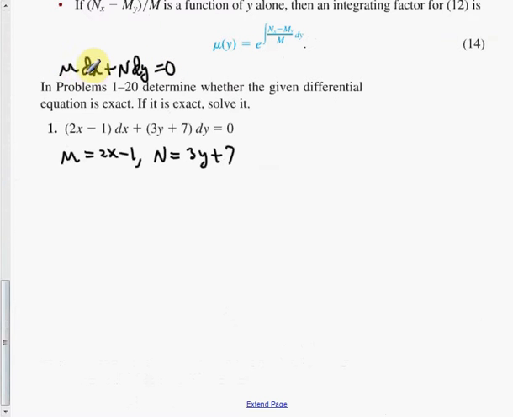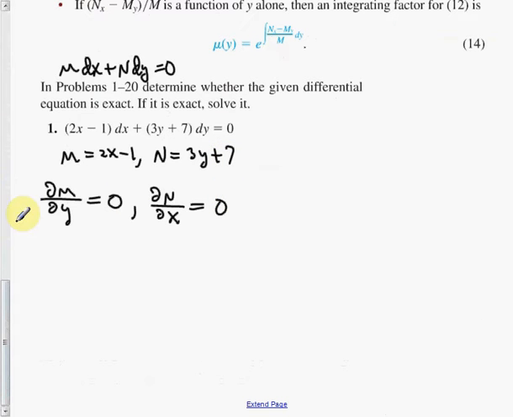The M is associated with dx, and the N is associated with the dy. So I'll take the partial derivative of M with respect to y. Well, there are no y terms here, so the derivative with respect to y is 0. The partial of N with respect to x, well, there's no x there, so it's like taking the derivative of a constant. I get 0.